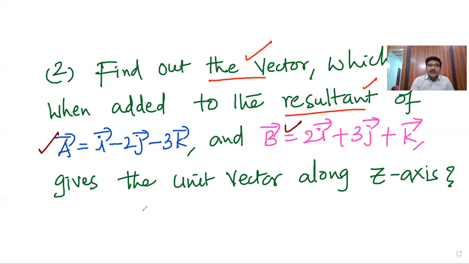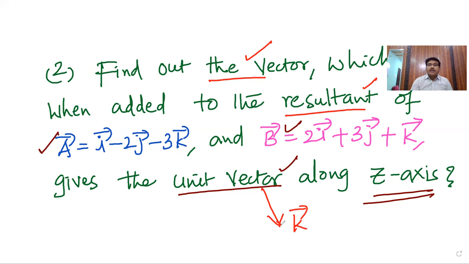Such that the final outcome gives a unit vector along the z-axis. Clear? What is the unit vector along the z-axis? That is k bar. That means first you add A bar and B bar to get the resultant.